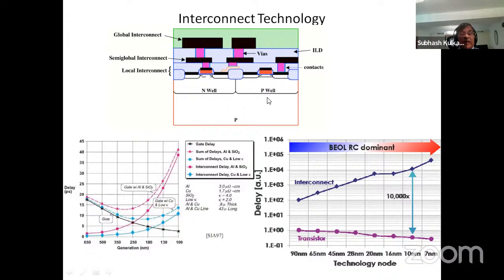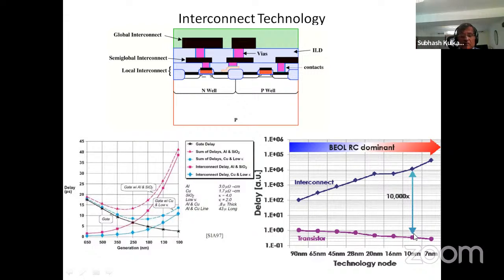And the delay in arbitrary units, circuit delay, is coming from 2 sources. One is the transistor and one is the interconnects. And as you can see on this chart, interconnects has a huge contribution to the delay, and transistors are really flat.